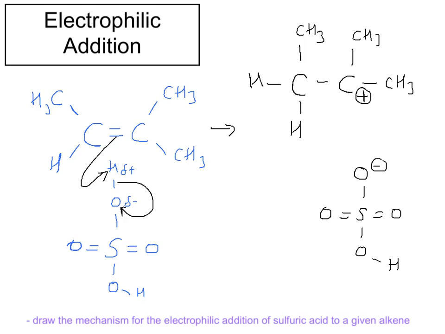This oxygen will have a negative charge, and then again a lone pair needs to be drawn, and that lone pair will attack that carbon atom, and then that will attach to this to form the final product. If we then react that with water, the sulfuric acid will be made again, and an OH group will attach here instead.